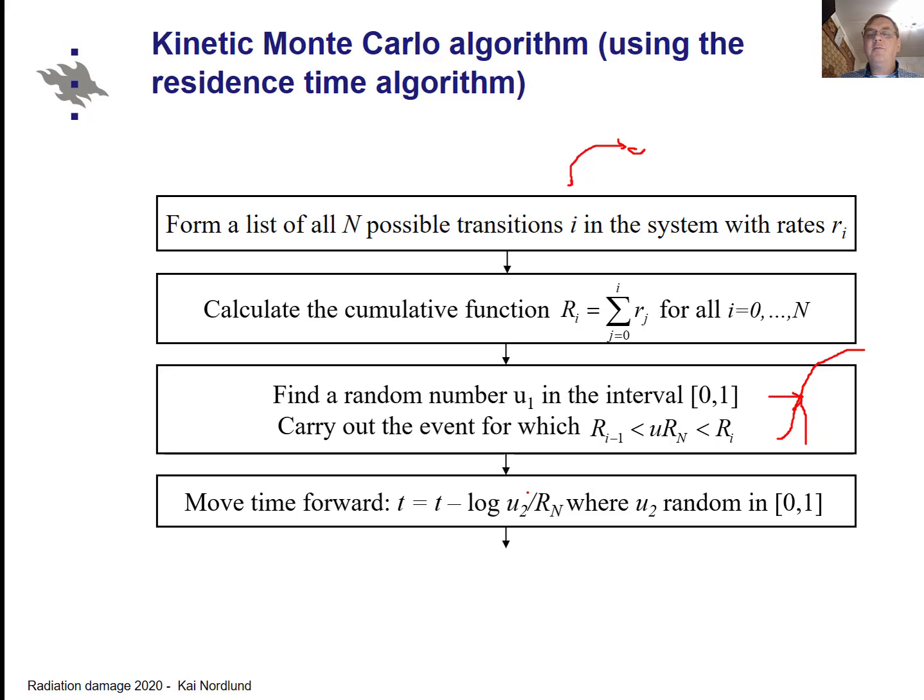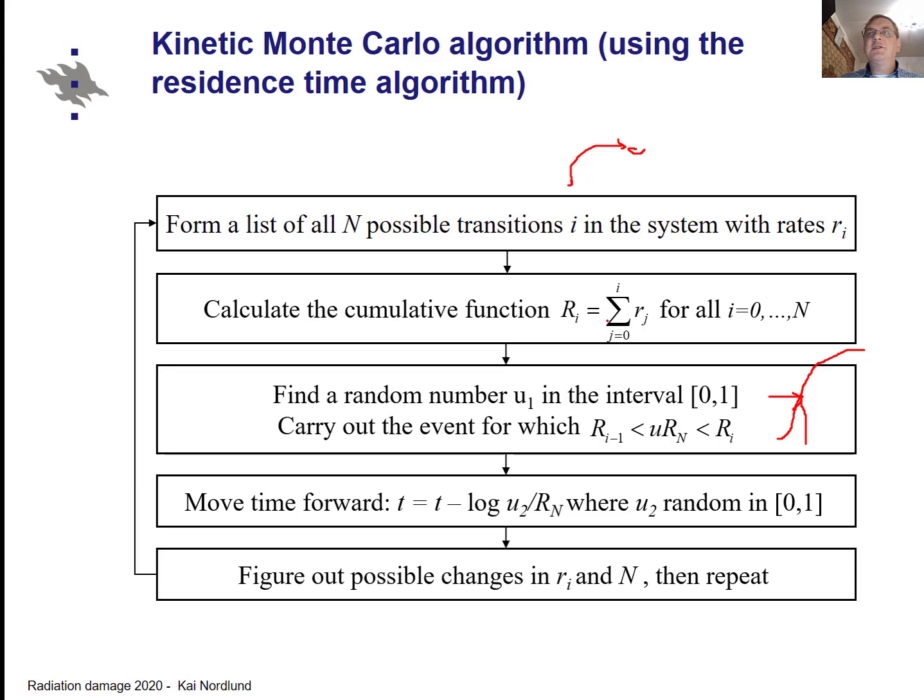Then you move the time forward. Note here that this is a minus sign because you take a logarithm of a random number between 0 and 1. This logarithm is a negative number, so that's why you need a minus sign to take it forward in time. And here we divide by R_n, where R_n is the sum of all events in the system.